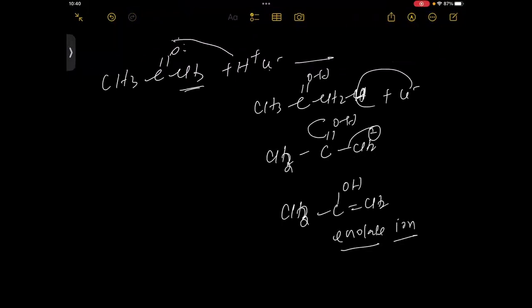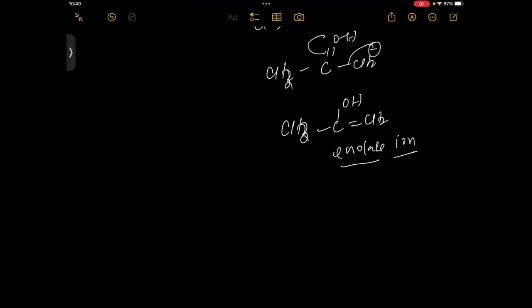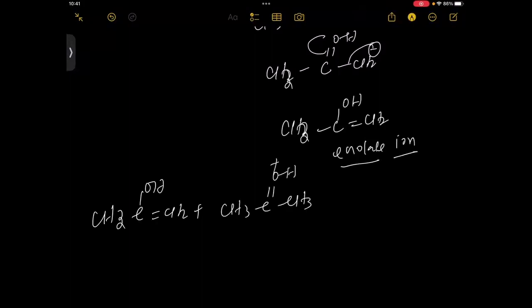Students, see what happens in the next step: your enolate, which is CH3 C OH double bond CH2, attacks the protonated carbonyl compound, meaning CH3 C OH cation CH3. What I am telling you, keep in mind, is the difference between base catalyzed aldol and acid catalyzed aldol.